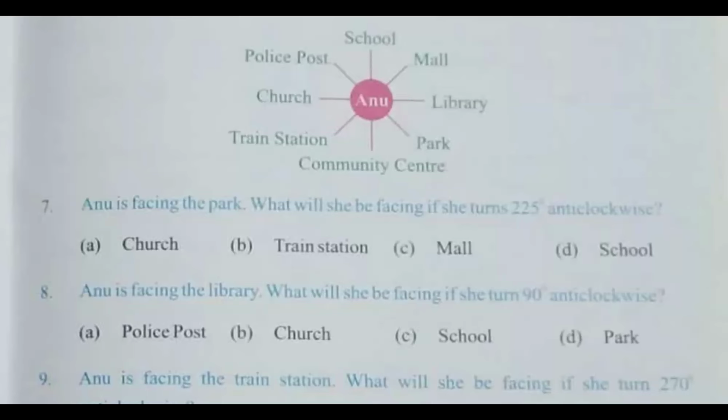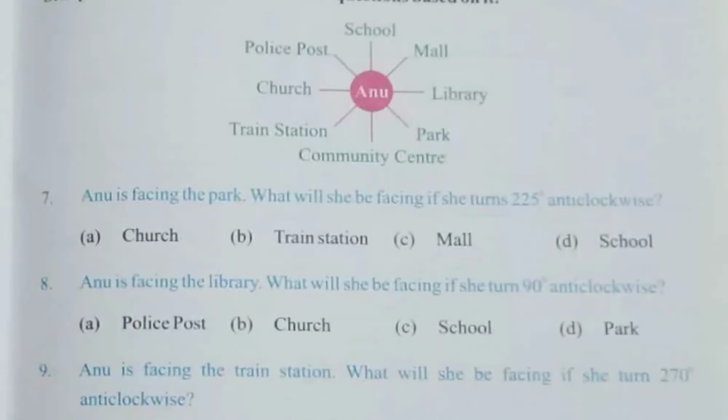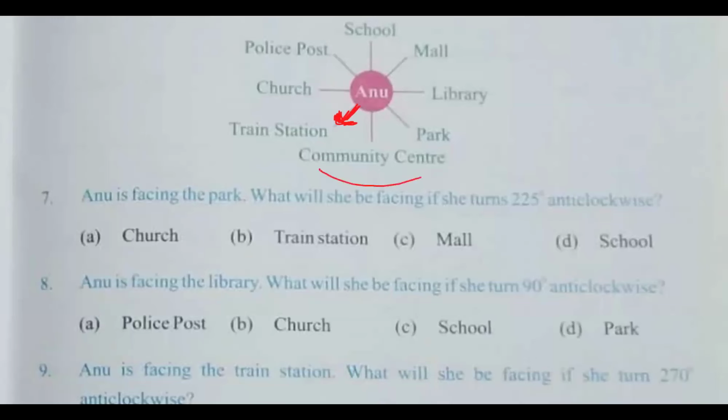Next is question number 9. Anu is facing the train station now. What will she be facing if she turns 270 degrees anti-clockwise? Again anti-clockwise direction and 270 degrees starting from the train station. That means again towards this direction. You've got your answer?